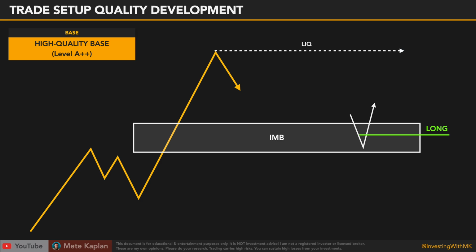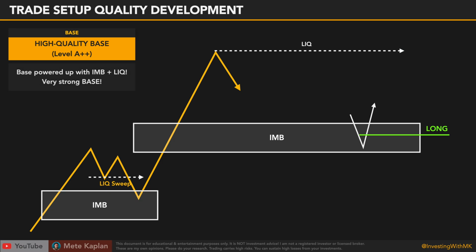The second thing I look for is if there is a liquidity sweep with the imbalance. Why is this important? Because price swept the liquidity and pushed with imbalance. I do not see a particular reason for prices to go down anymore. It got all the fuel needed.